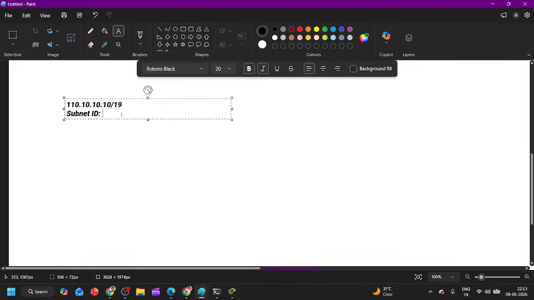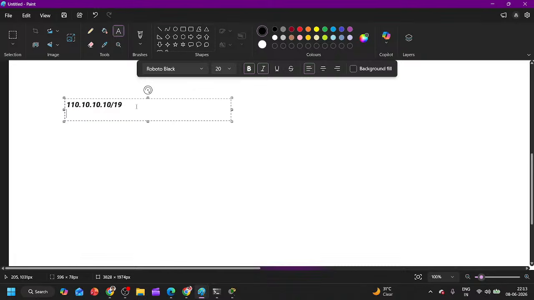First of all, tell me how many bits I have borrowed here. 3 bits? No, 11. You can only answer when you know the classification. First, check the first octet, the 8 bits. This is a class A IP address. For class A, 8 bits are the network portion. Here I am using 19, so we have borrowed 11 bits, right?